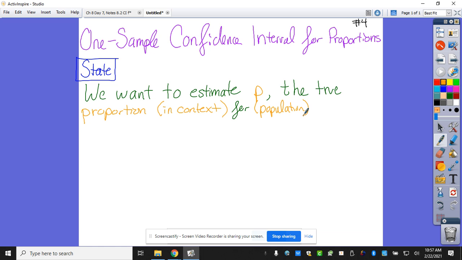And then how do I need to finish that? So again, that makes things really easy. And just like before, should I have an issue looking at a problem to tell if it's a proportion problem or a mean problem? No, it's going to say something like proportion or mean.